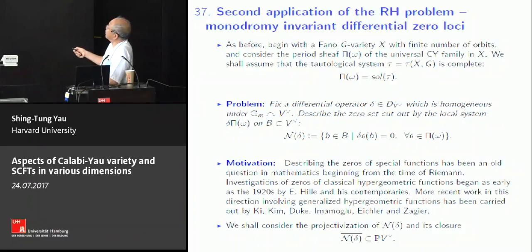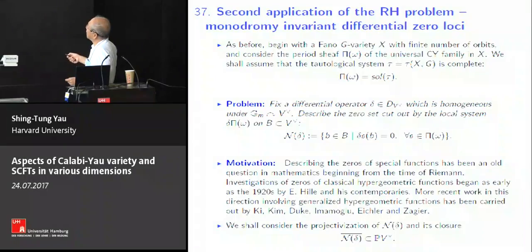It should be vanishing there. So we are looking at the vanishing points, the zero sets cut out by the local system. This is a question actually studied by many people. It's the zero set of classical hypergeometric functions.